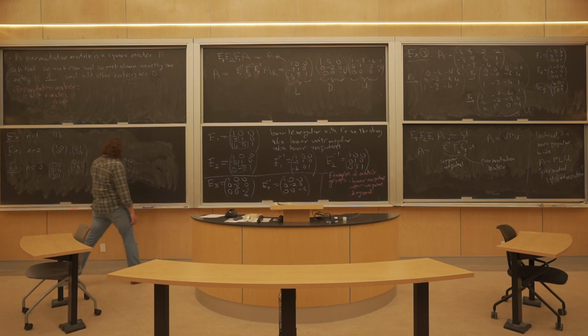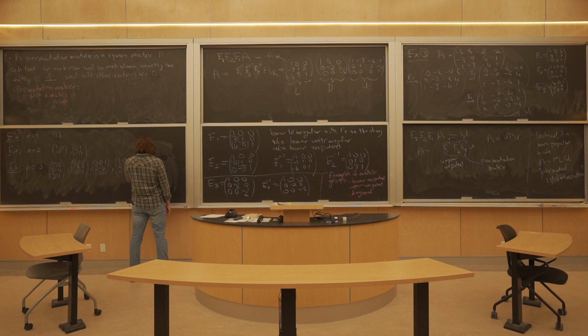1 can go to 3, so let me write it like this. 1 goes to 3. Like this, or it can happen like this. So 2 goes to 1.